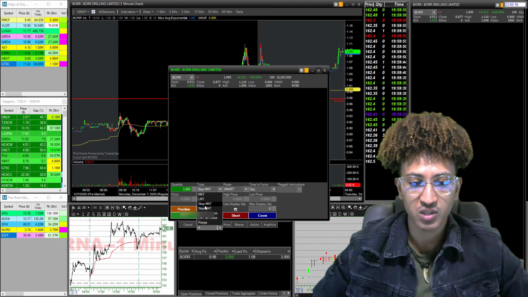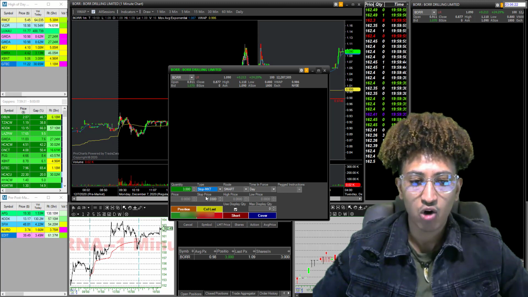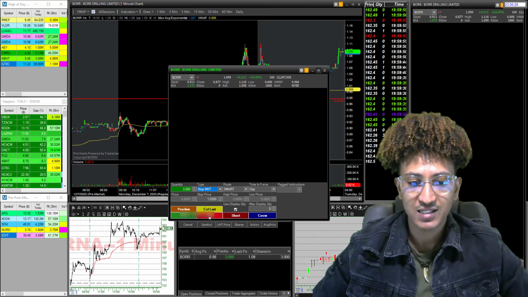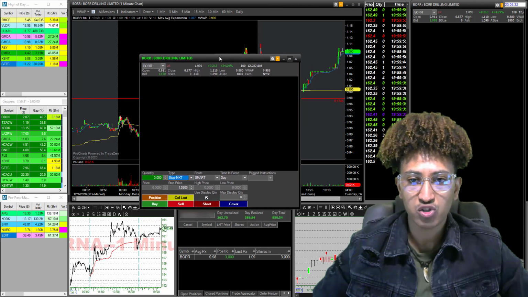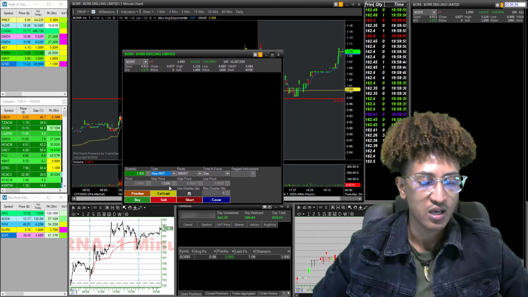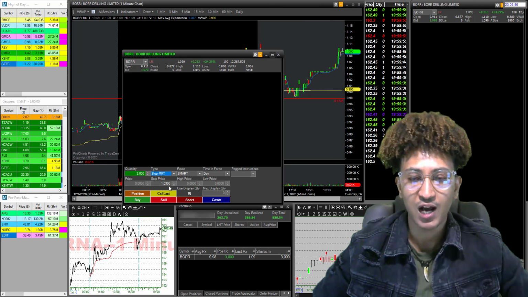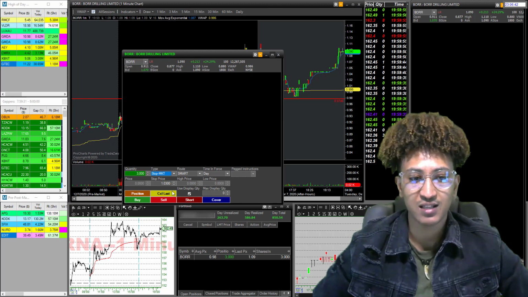Click on market stop and I'll put the stop price at $1.03. Now if I click sell at this point, if the price drops below $1.03, it would automatically sell my position. But I don't get to choose the price that I'm going to sell it at.